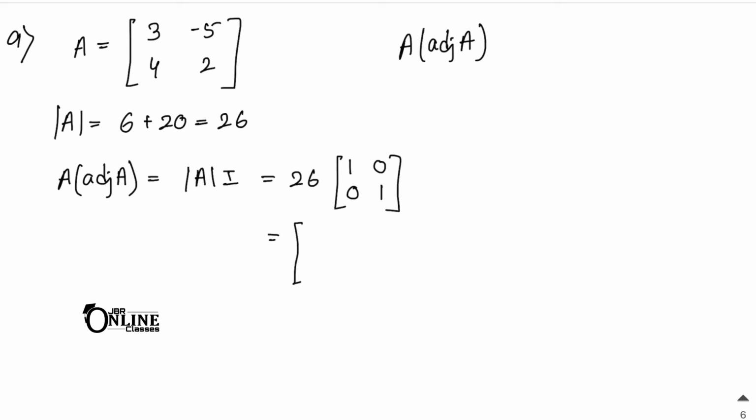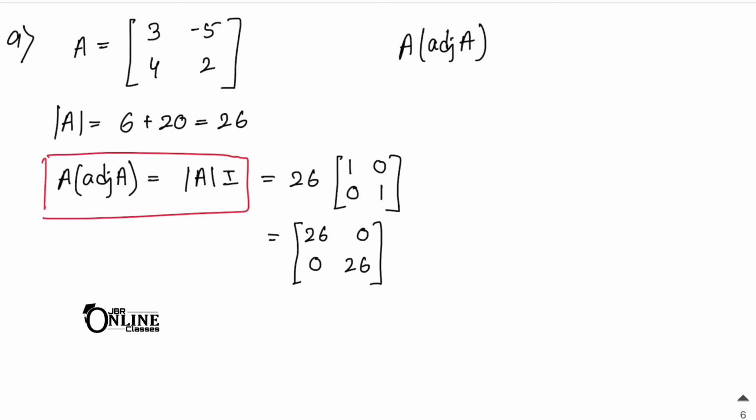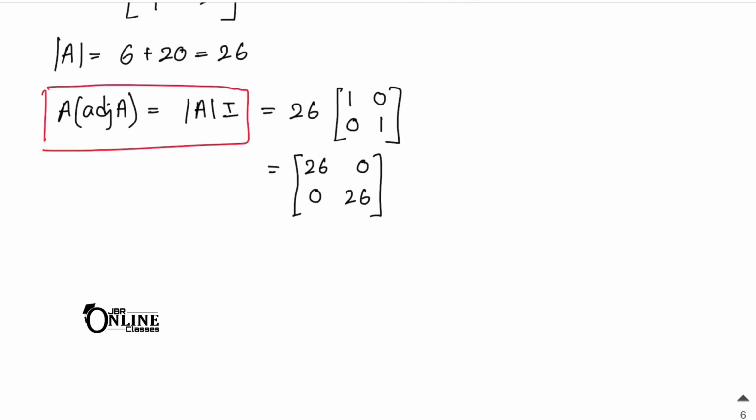So your final answer will be 26 0 0 26. So you have to always remember that one formula: the matrix multiplied by its adjoint equals the determinant of that matrix into the identity matrix.